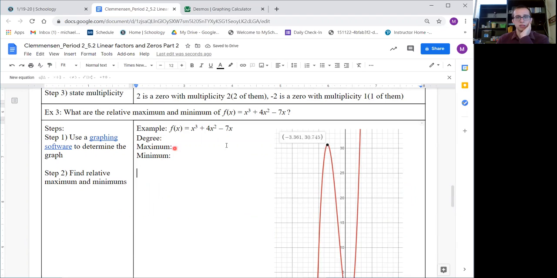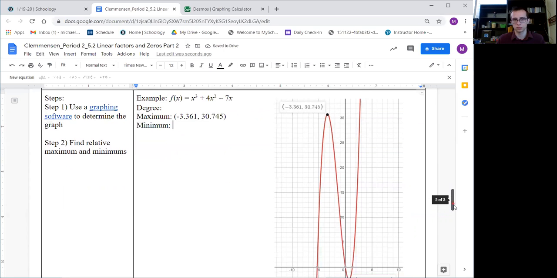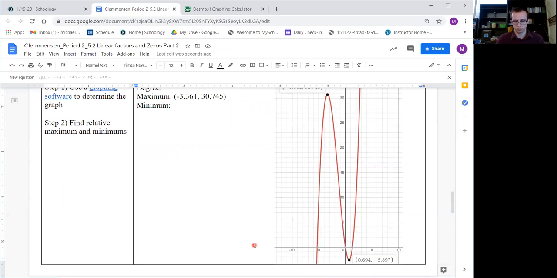So my maximum is at that point right there. So I'm going to put that. My maximum is at -3.361, comma space 30.745. My minimum, on the other hand, all the way at the bottom, so I'm going to scroll down, at 0.694, comma space -2.597.